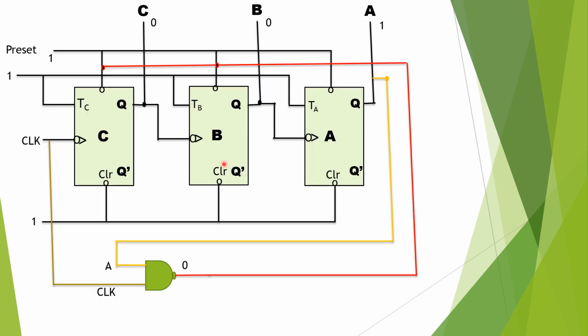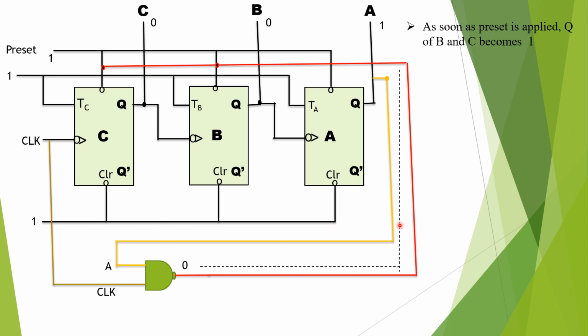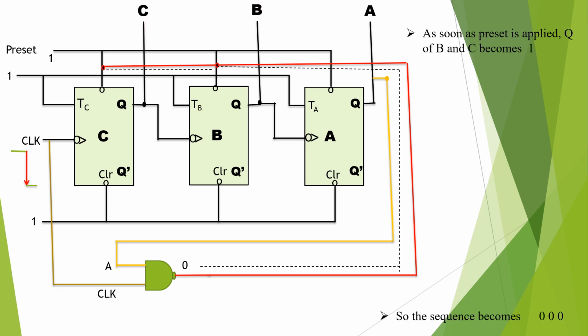Now as soon as this preset input is applied, the output becomes, for these two B and C, it becomes 1. So all the outputs have now become 1.